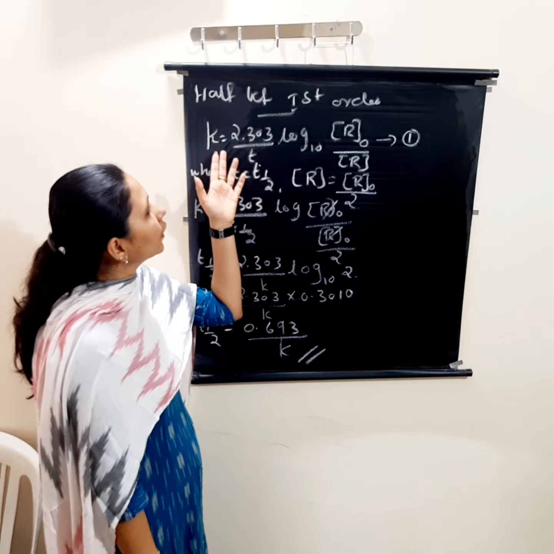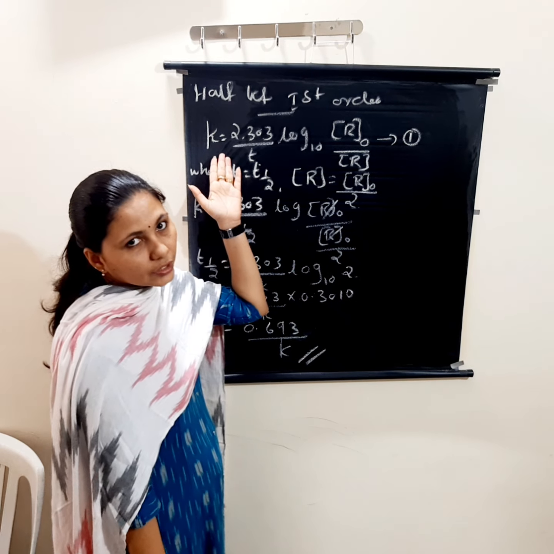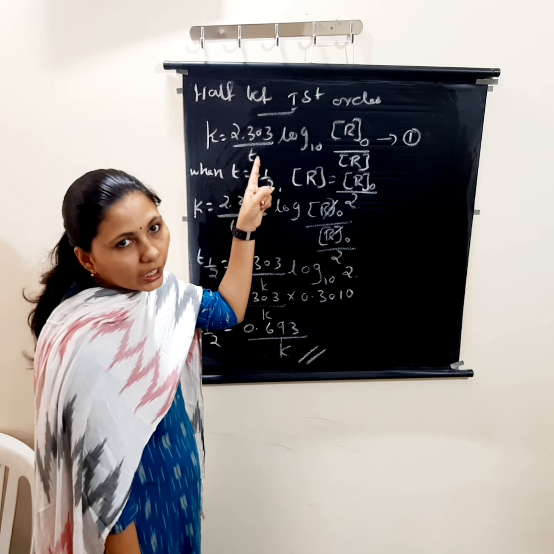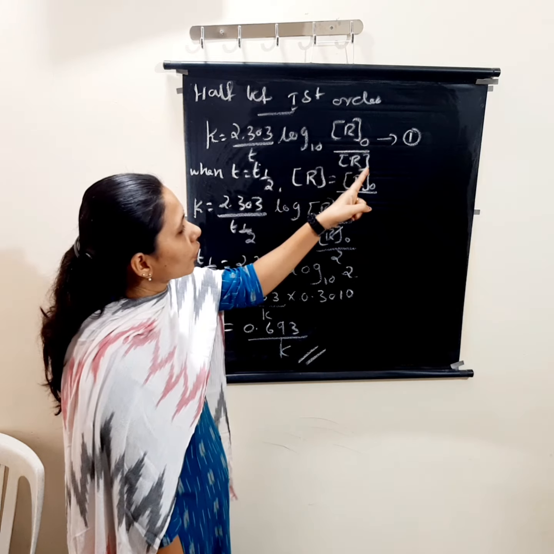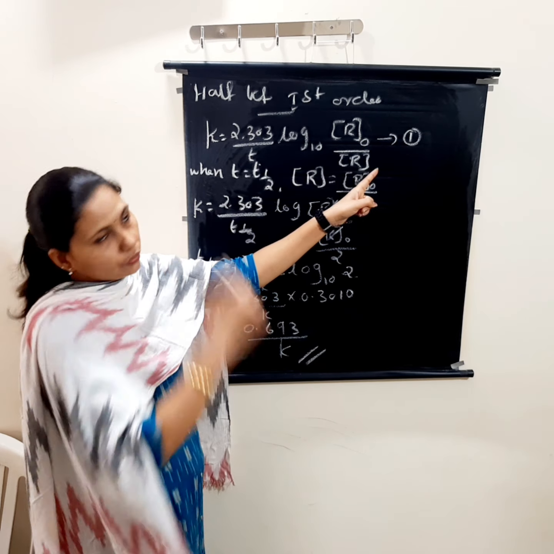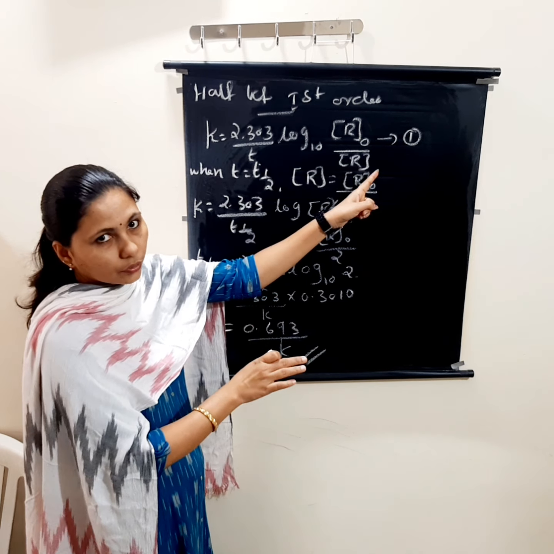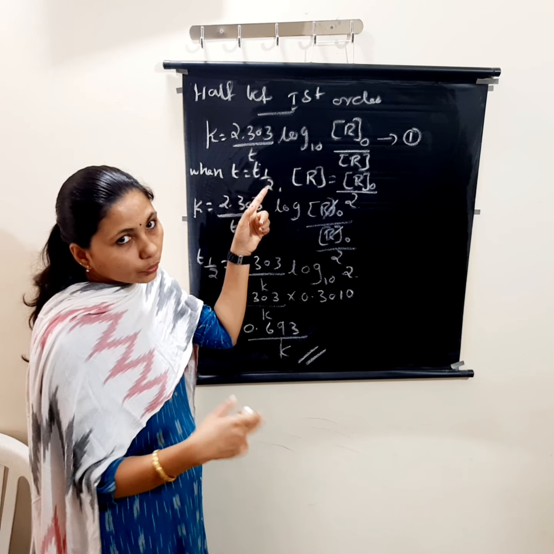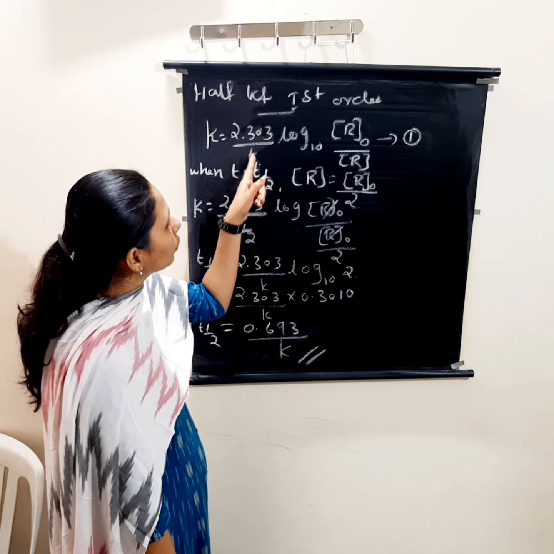Okay. So we know the integrated rate equation for first order: k equal to 2.303 divided by t, log R0 divided by R. Our equation 5 is the basic equation for first order. Then we are going to find out when t equals t half.